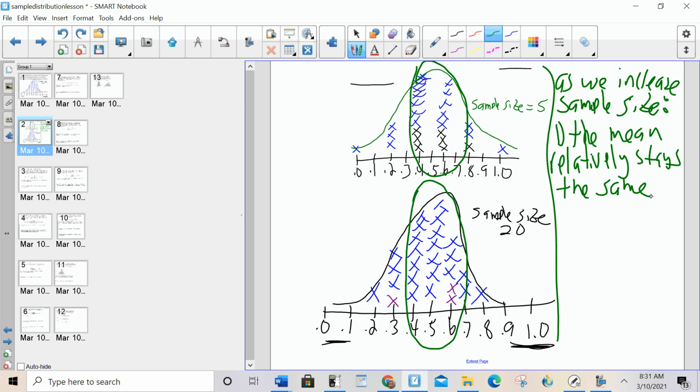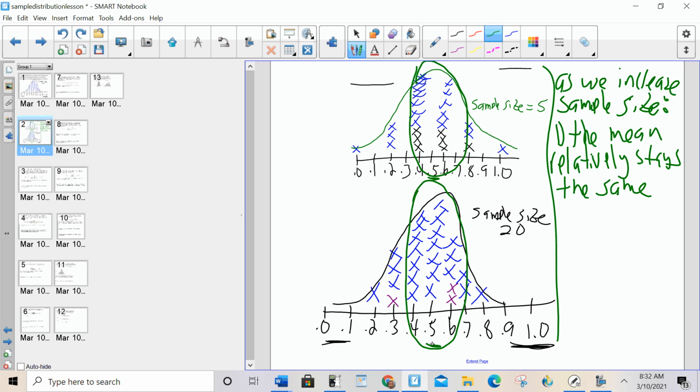And it's going to stay very close to 0.5 because the empirical probability, empirical meaning what actually happens, the theoretical probability, that's what should happen, of getting heads is 1 out of 2, which is 0.5. So the mean of flipping a coin is going to relatively stay the same as I increase sample size. It's going to be very close to 0.5.